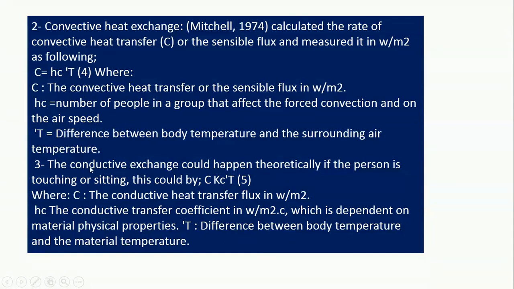So these are the Hc by T, where C is convective heat transfer, Hc is the number of people in a group. If more people live in a building, the building gets warmer than the building where fewer people live.